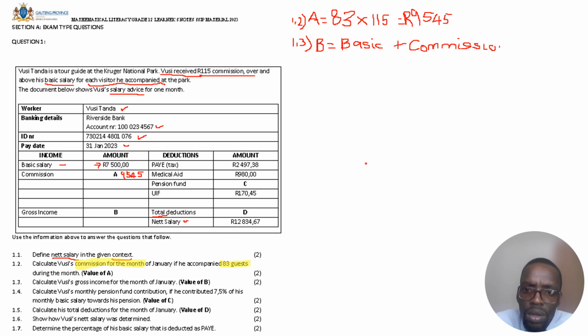That's what is going to give us our value for B, which in this case is going to be 7,500 plus the commission. Remember, learners, it's very important that you write these formulas in the exam. Never answer a question without giving a formula, because there are marks that are awarded for the formulas. If a learner does not give those formulas, the learner does not get those marks.